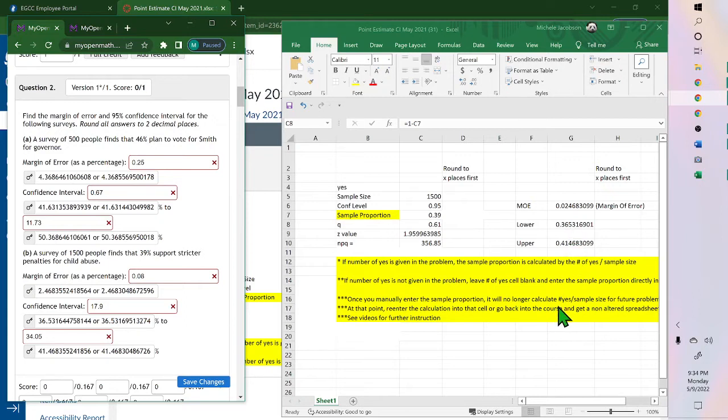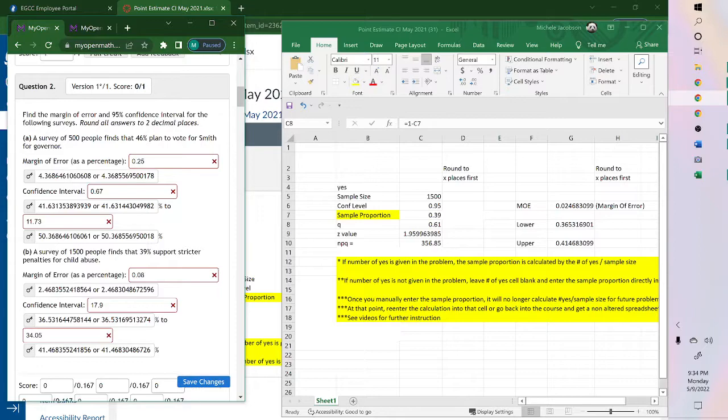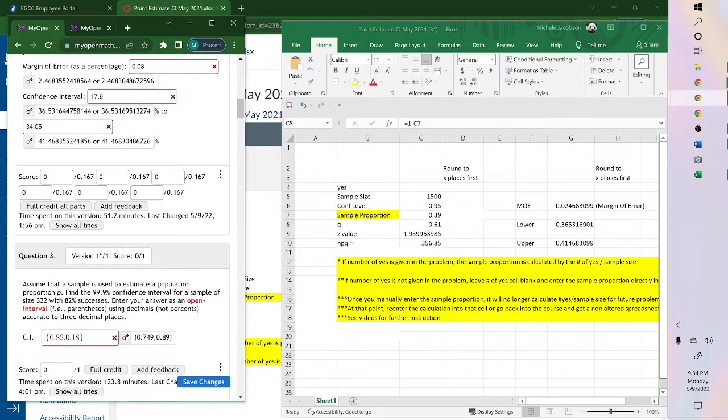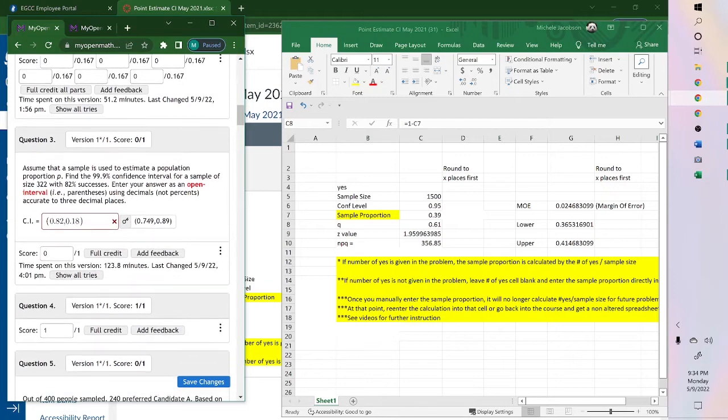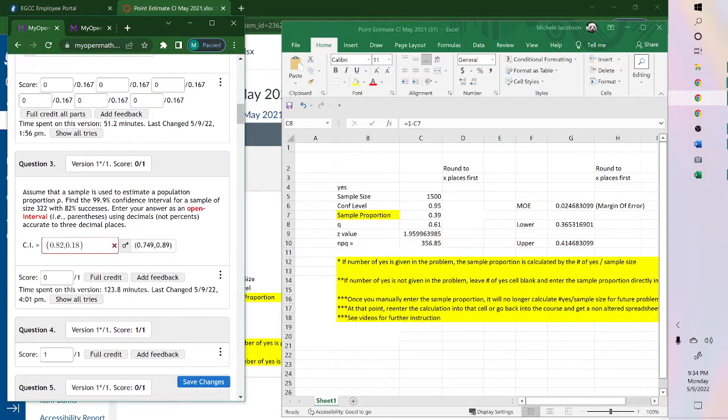Let's try another one. We'll look at number 3. Assume that the sample is used to estimate a population proportion. Find the 99.9% confidence interval for sample size 322 with 82% successes.